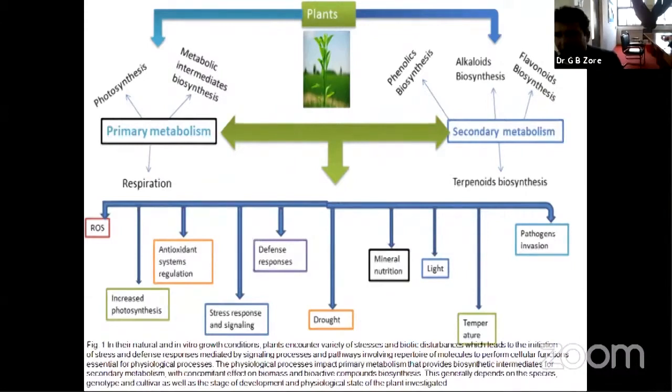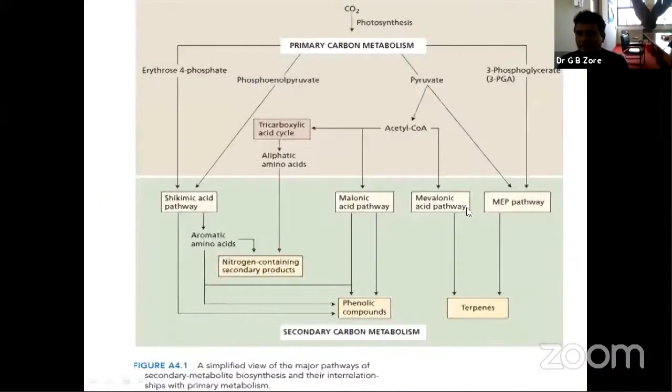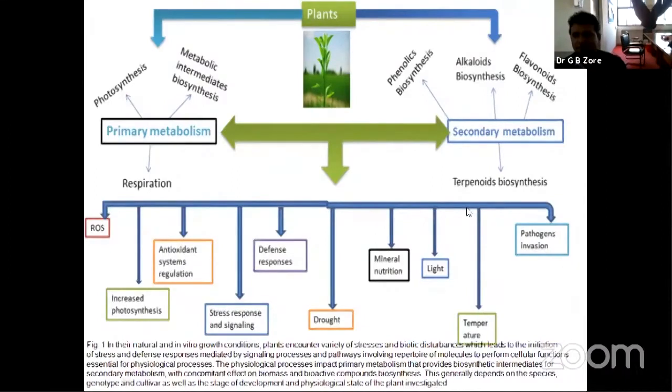As these molecules are basically synthesized in response to certain stress conditions, it may be temperature stress, drought stress, or it may be against pathogenic microorganisms, against bacteria, fungi, viruses, or against insects and herbivores.